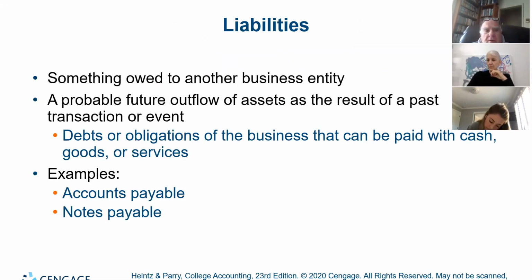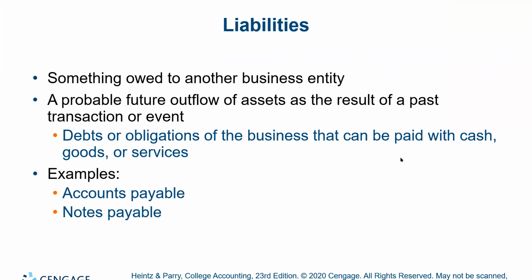Liabilities are the opposite. These are monies we owe to somebody else. A liability is a debt. It is an IOU. It's a promise to pay.